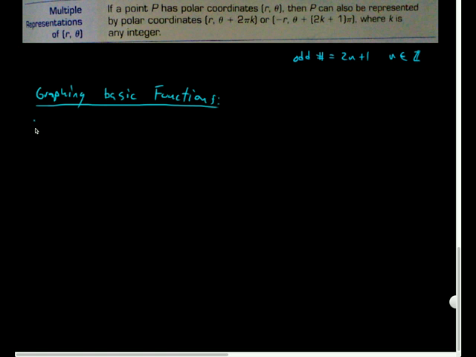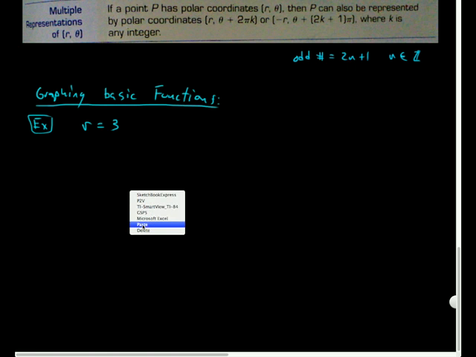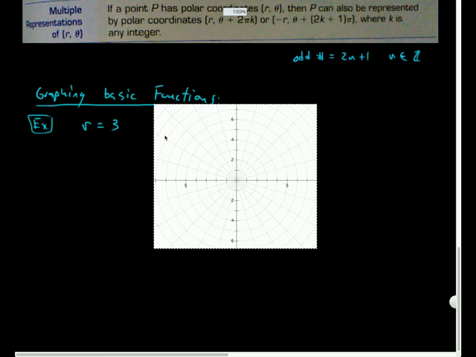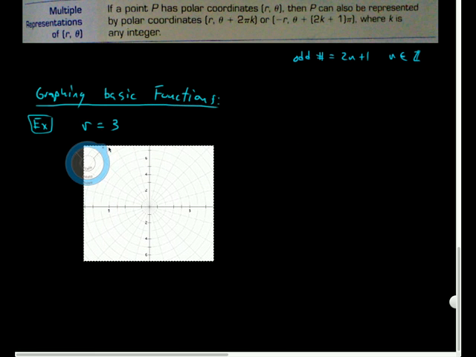If I want to graph the equation r equals 3 on the polar coordinate system, let me once again steal a snapshot from a graph. Let's consider what are the set of all points that have r equal to 3.